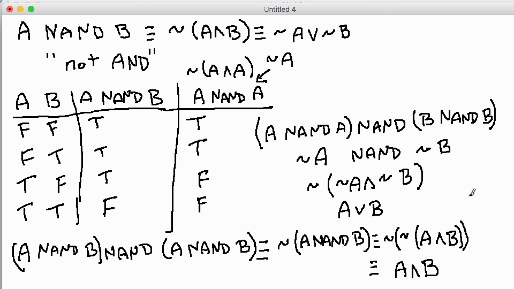So there's an interesting thing to note here. With this thing called NAND, I am able to implement negation. I am also able to implement OR, and I'm also able to implement AND. Some people will say that NAND is what's referred to as a universal operator.